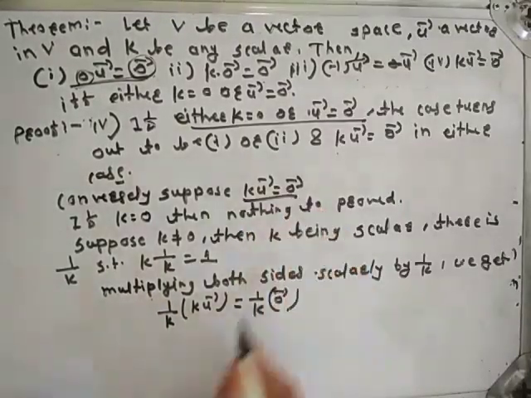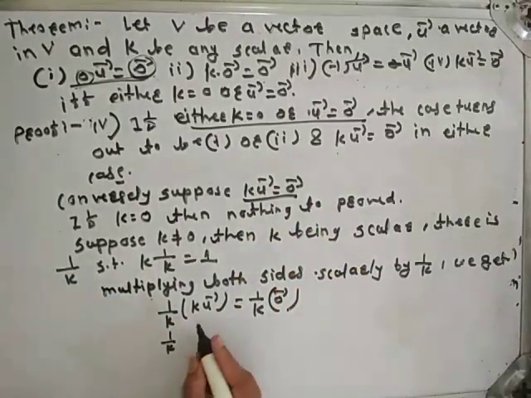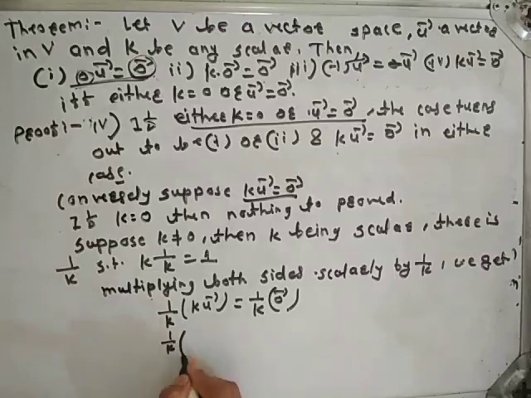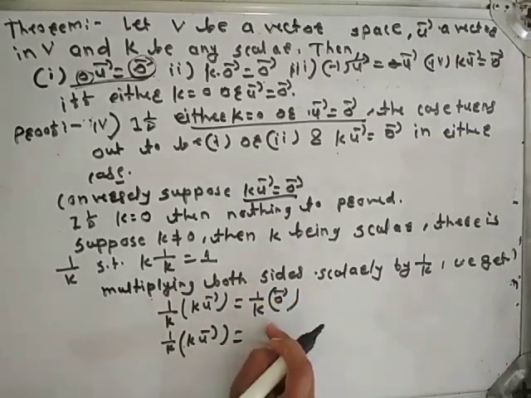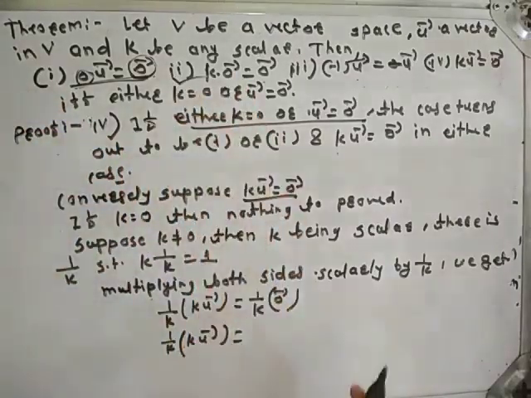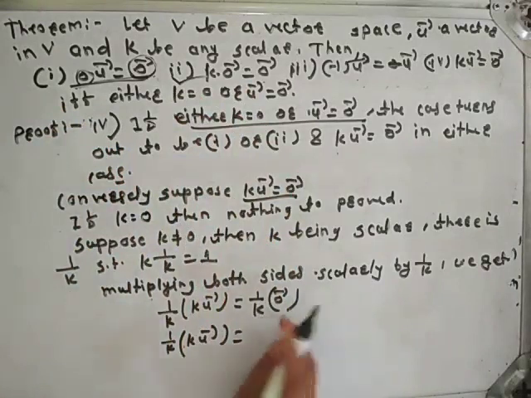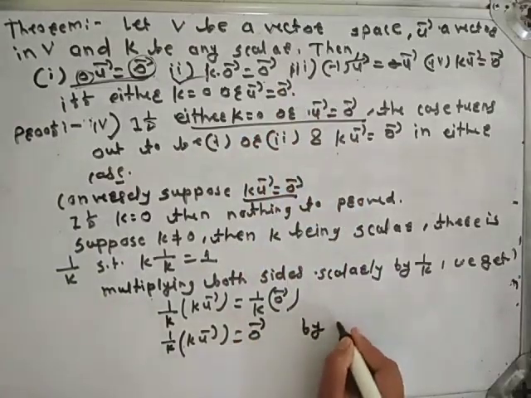Here 1 by k is a scalar, and by 2 above, scalar into 0 bar is equal to 0 bar.